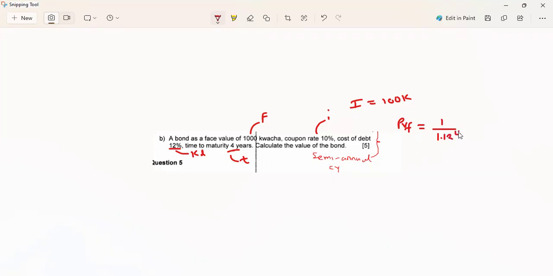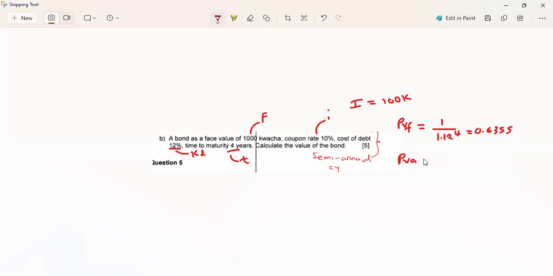What did you get? 0.6355. So when you subtract that from 1 over R, we call that the annuity factor.